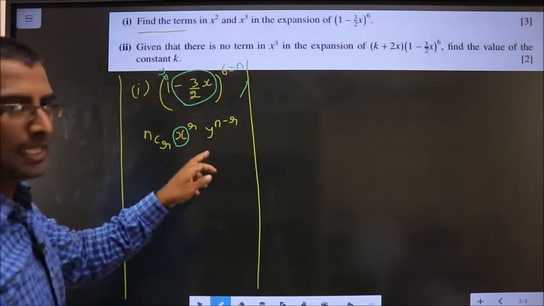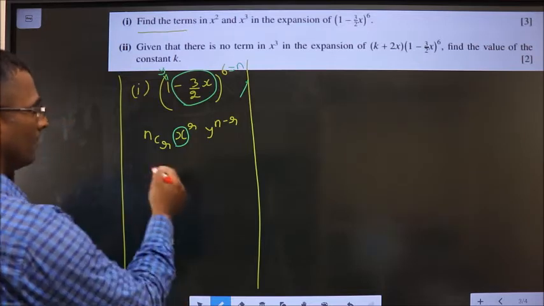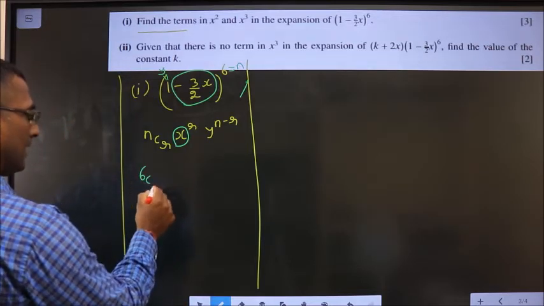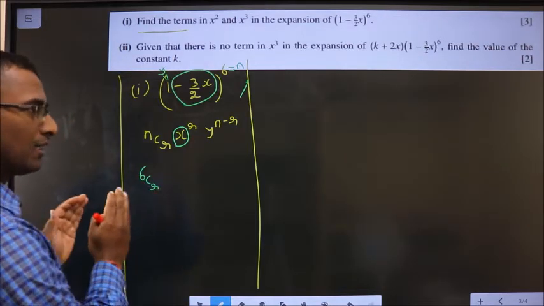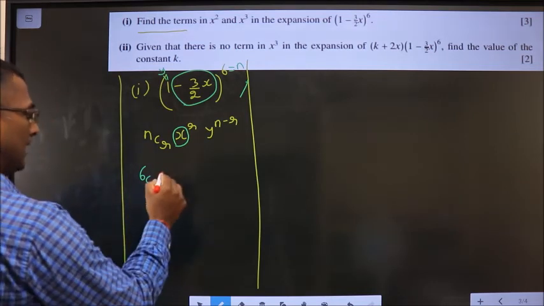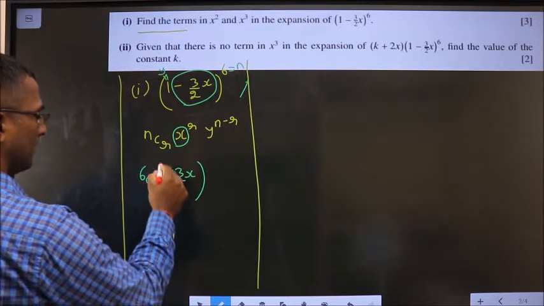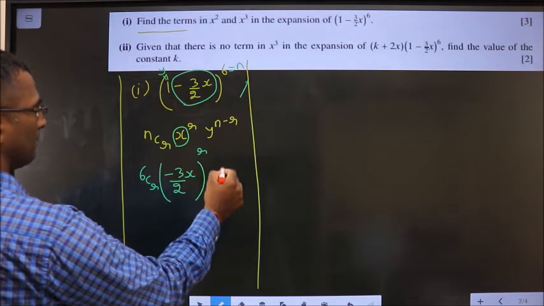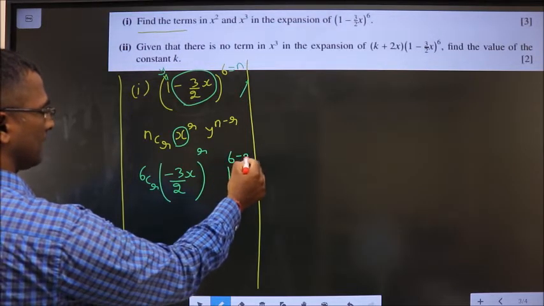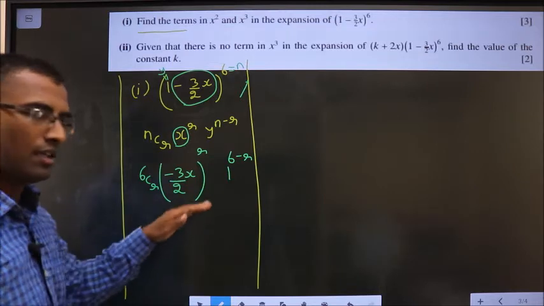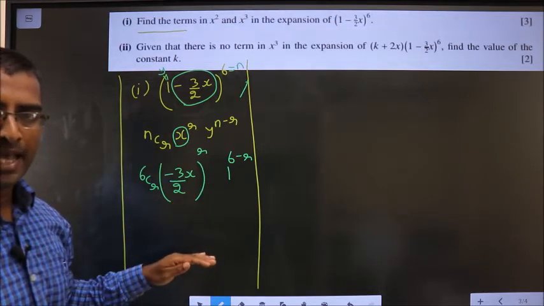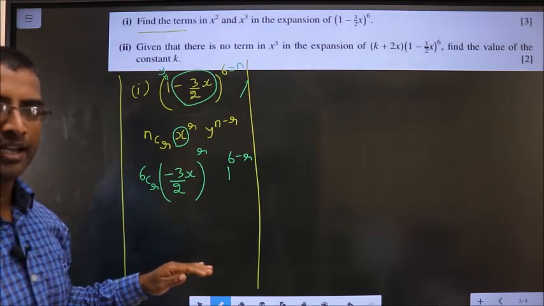Now replace them in the general term. So n is 6, the letter r should remain like that only. In place of x, minus 3x by 2 power r. In place of y, it is 1 power 6 minus r. Now simplify this to the maximum possible extent, and how do we do that?